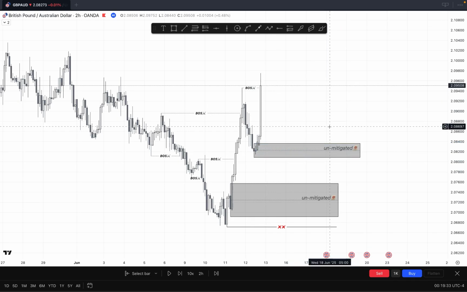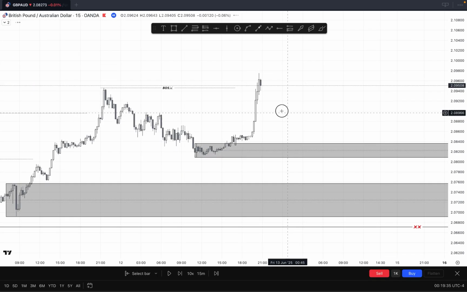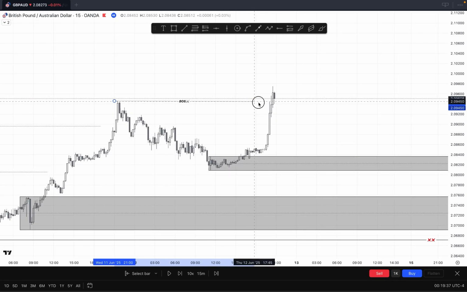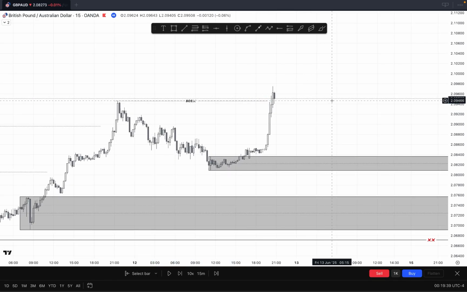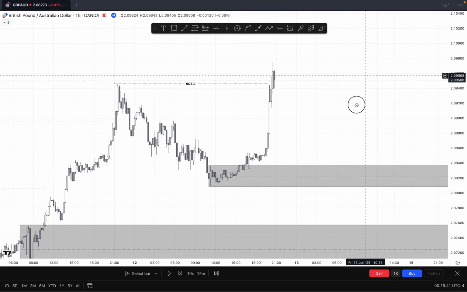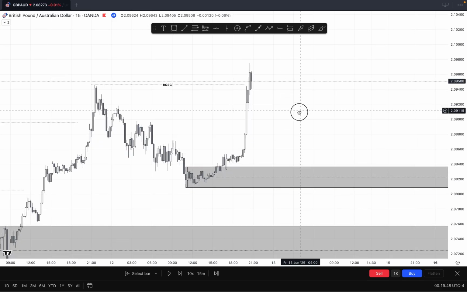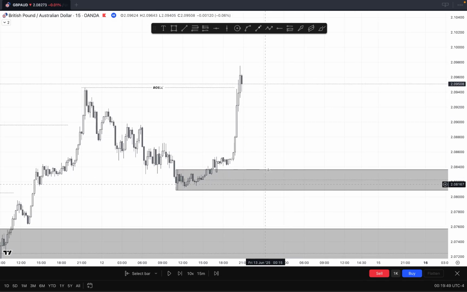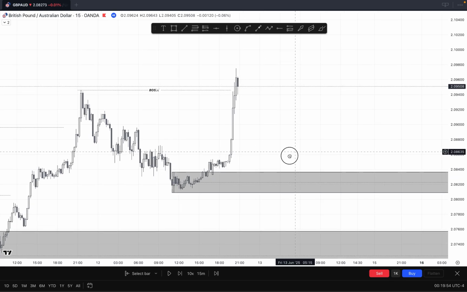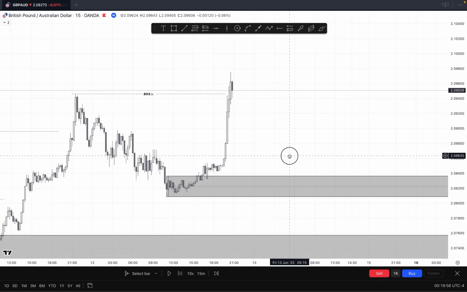I'm gonna take it to here. The thing is, I believe this zone's here because, to be honest, I'll follow the 15 minute regardless. Whatever trend the 15 minute is giving me, that's what I'm going to follow. But when it comes to the zone that I mark on the 2 hour, they help.